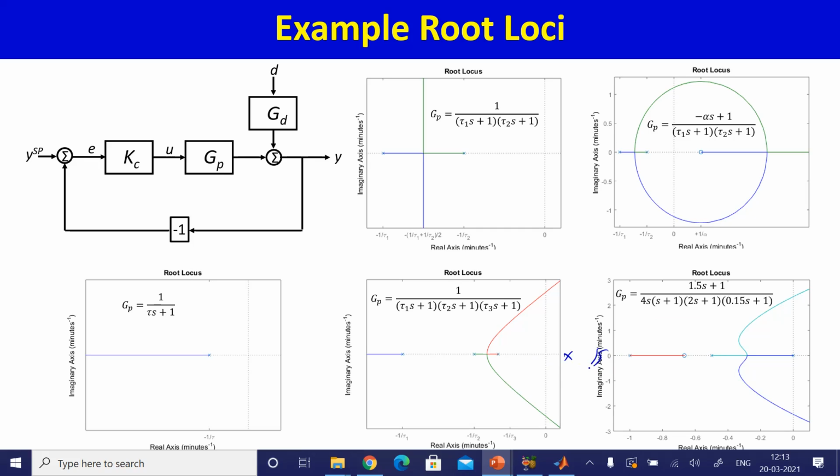And that also happens because if you calculate the real axis intercept of the asymptotes, that would be 0 plus whatever this number is, plus whatever this number is, plus whatever this number is, which is very far away, and therefore it would be a large magnitude number minus this guy divided by 3, and therefore the intercept actually turns out to be quite far away, perhaps here, perhaps there, I don't know.